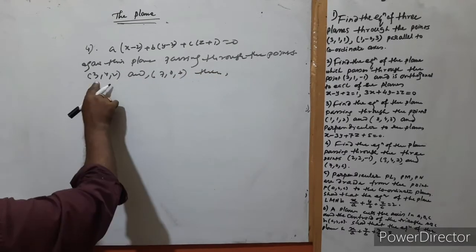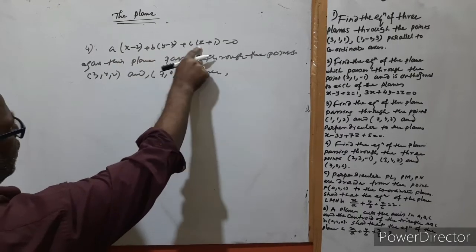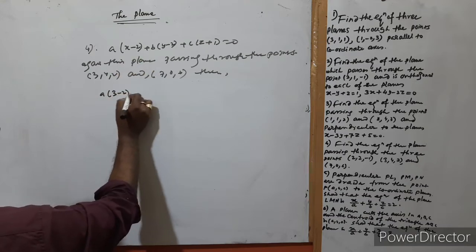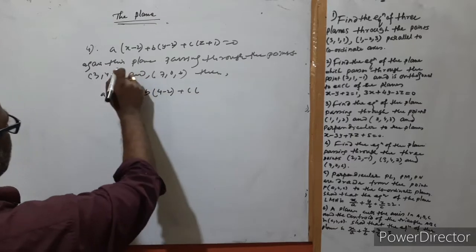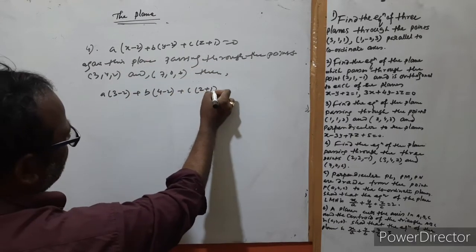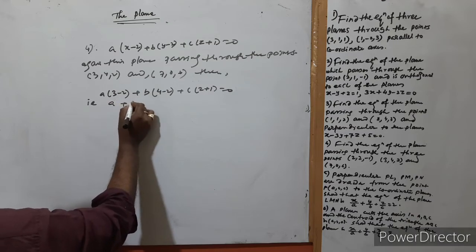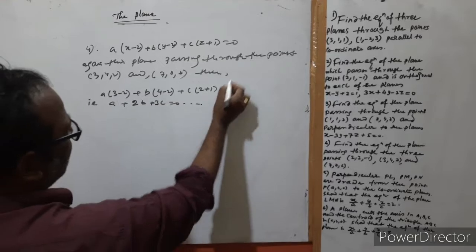Then we can write here, when passing through 3, 4, 2, we put 3, 4 and 2 here. So this is a into 3 minus 2, b into 4 minus 2, c into 2 plus 1 equal to 0, and that is a plus 2b plus 3c equal to 0.